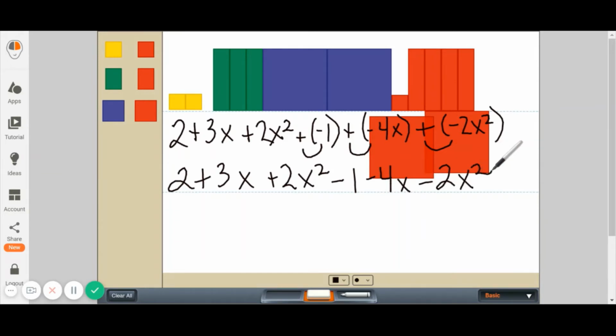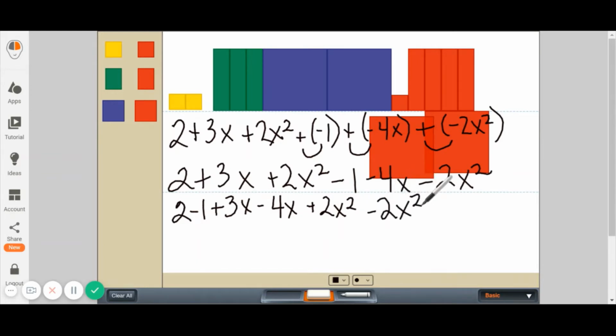Some students may even start grouping all of the terms together, because that's what we did in 6th grade. We grouped like terms. So we might say 2 minus 1 plus 3x minus 4x plus 2x squared minus 2x squared.